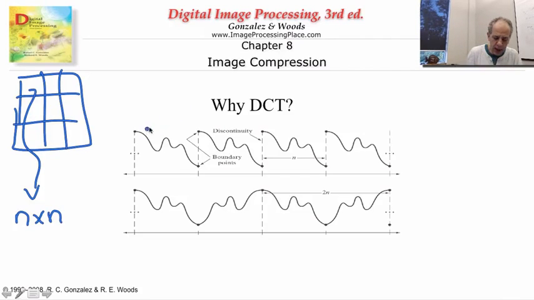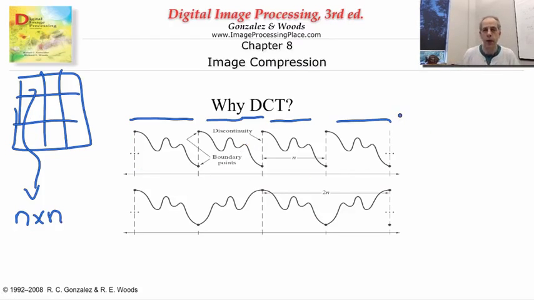So you're basically assuming that your image repeats itself, as we can see here. So this comes back here, and this comes back here. Okay? So there is a repetition of your image. That's the underlying mathematical assumption to be able to formally do a Fourier transform of this 8x8 block. And here I'm drawing just one line of the 8x8 block, but the same assumption goes in the other direction and then in the two-dimensional case.